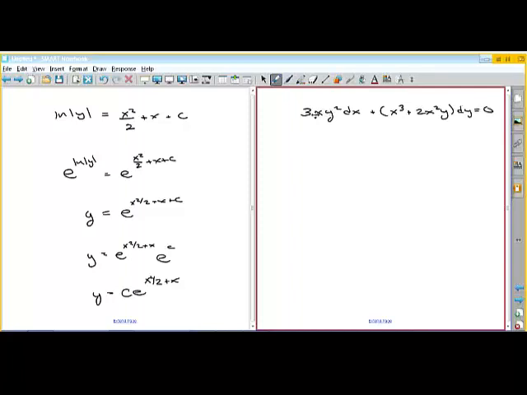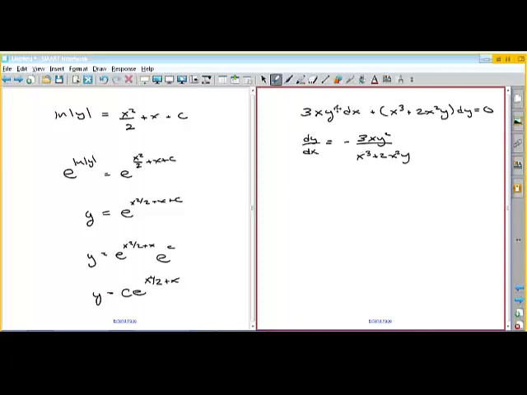Now it's homogeneous because you can see I've got x times x squared, which again, if I use meters as a unit, I'd end up with meters cubed. Here I'd end up with meters cubed. Here I'd end up with meters cubed. So it is homogeneous. I could also rewrite. If I solve for dy dx, I'd get negative 3xy squared divided by x cubed plus 2x squared y.